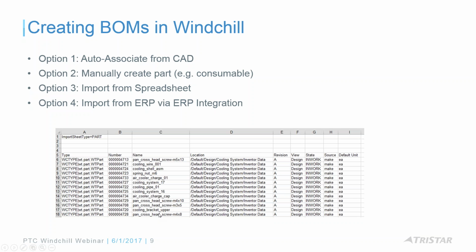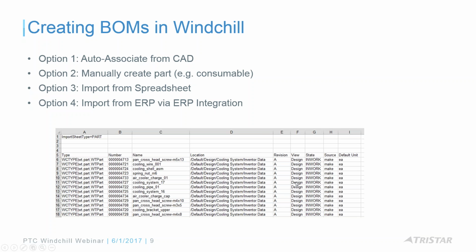I can also create parts in Windchill by importing a spreadsheet of a parts list. So either a parts list or a BOM with various levels. So all I need is an Excel file with column names that match the Windchill attributes, typically the number, the name or the description of the part, the revision of the part, the life cycle state, and other attributes you may put in.